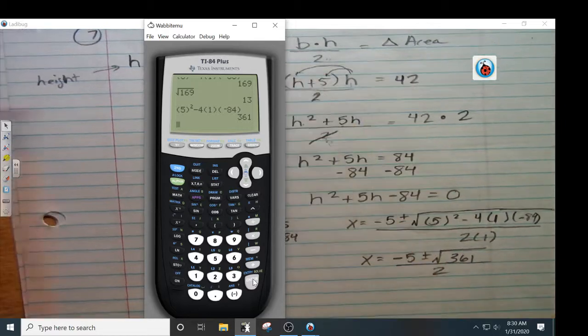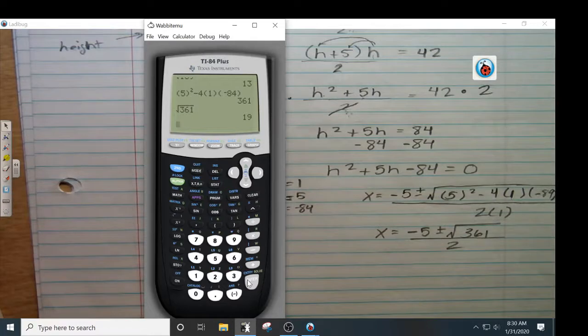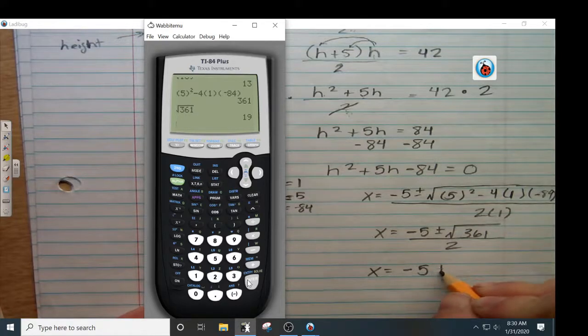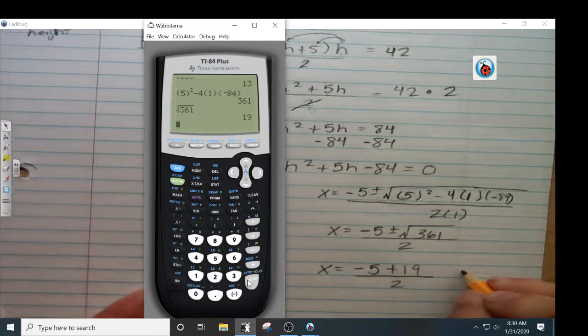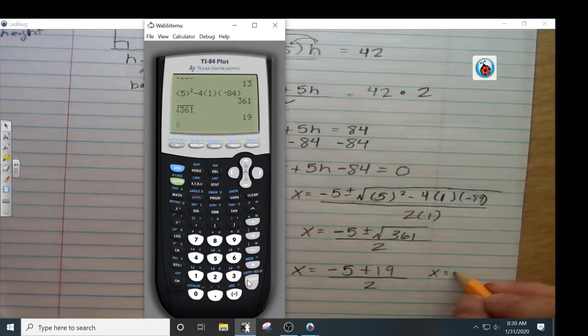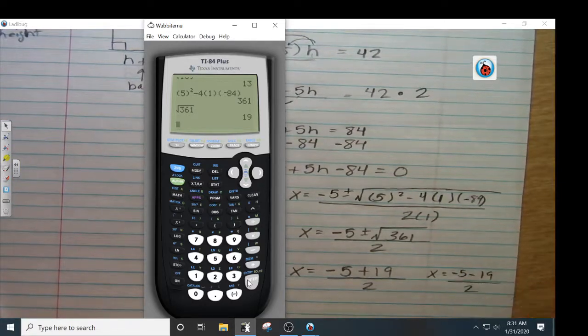Now, let's see if 361 is a perfect square. It is. It's 19. Okay, so now that's going to be x equals negative 5 plus 19 divided by 2, and x equals negative 5 minus 19 over 2.